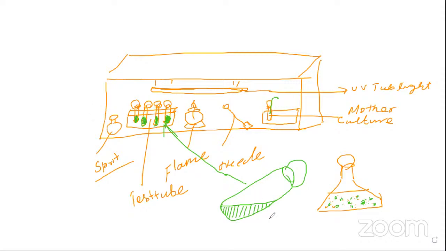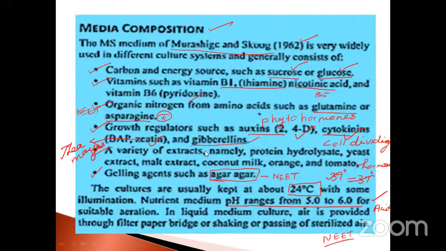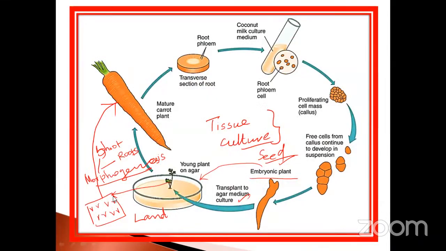So that is the important one. See here: asepsis requires that all culture vessels, media and instruments used for handling tissues, as well as the explants themselves, be sterilized. I already told you. How will you sterilize the explant? This is considered an explant, isn't it, my dear?